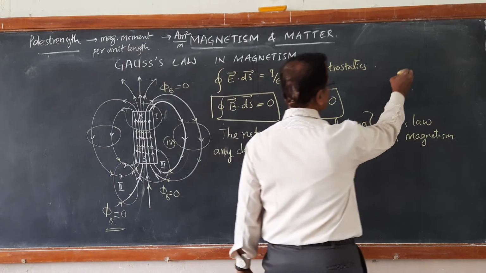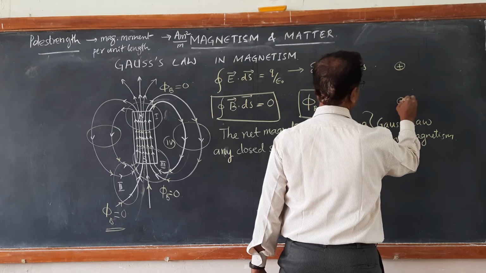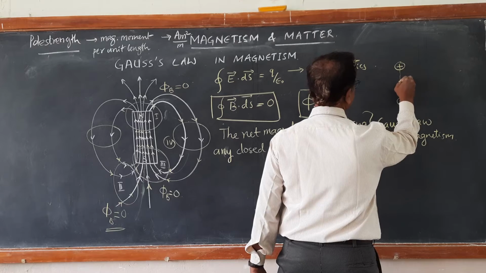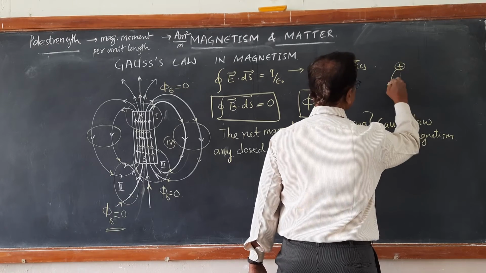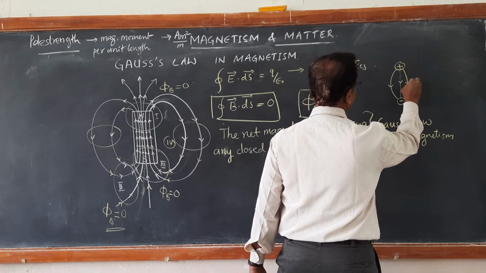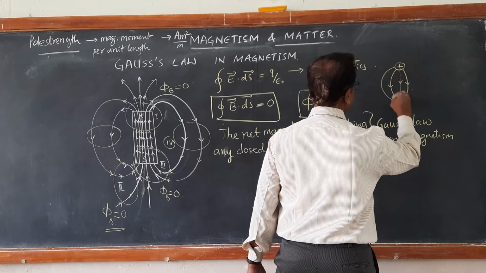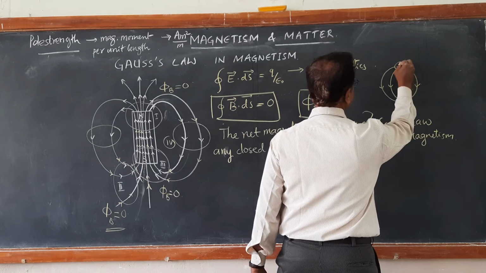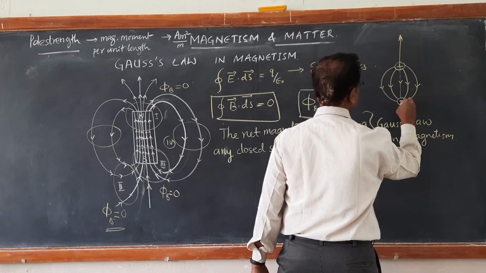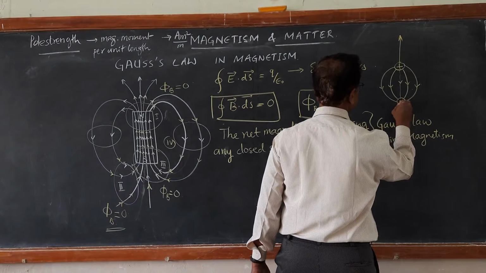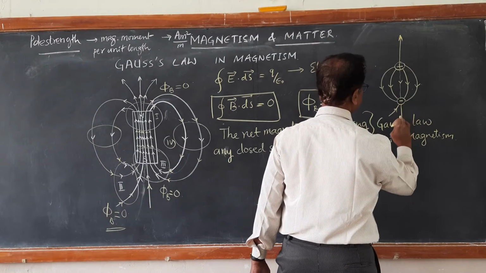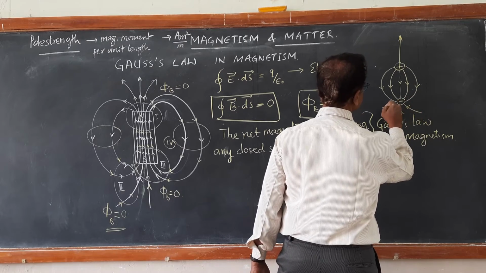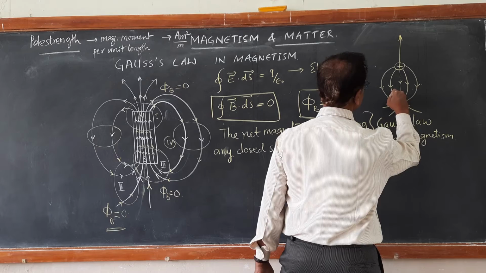In the case of electrostatics, if you remember, we have drawn the field lines for a dipole. Suppose this is the dipole, the electric field lines always emerge from the positive charge and end at the negative charge, right? So this is how we get the field lines for an electric dipole. In this case, the electric flux is non-zero.